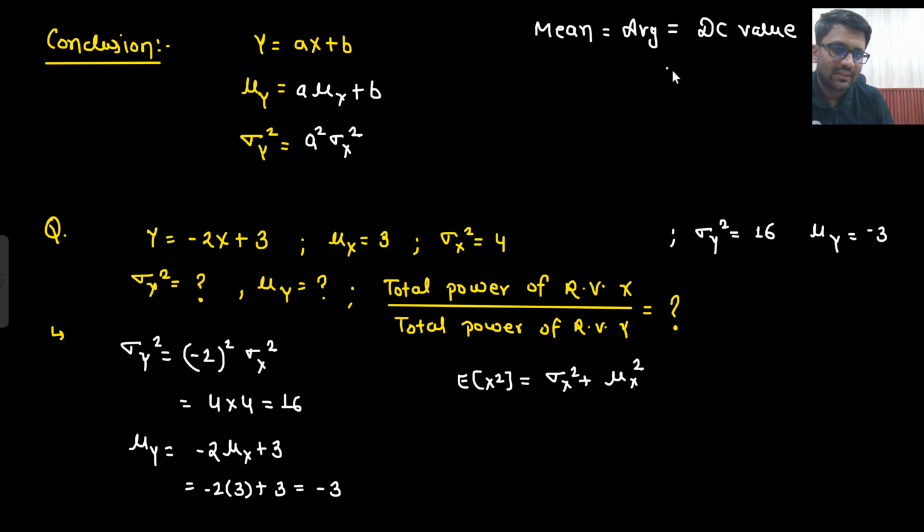This is equivalent to expectation, and this is equivalent to expectation of x, mu x. So these are the names. This is how I remember: mean, square of mean, or you can say square of DC value. This is nothing but the DC value, right? So what you are getting: 4 plus 9, 13.